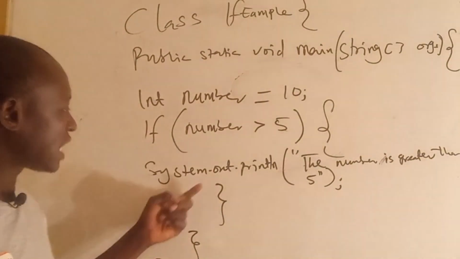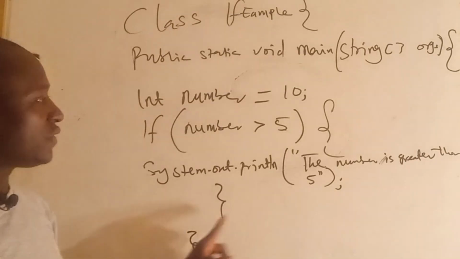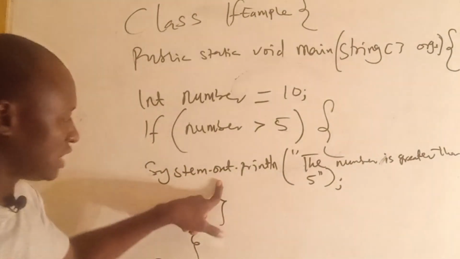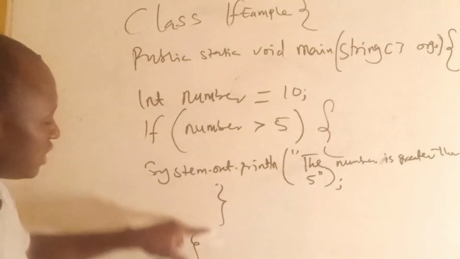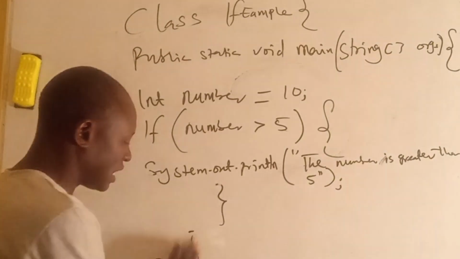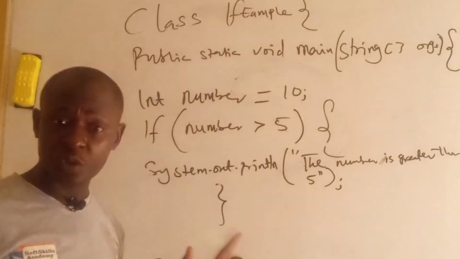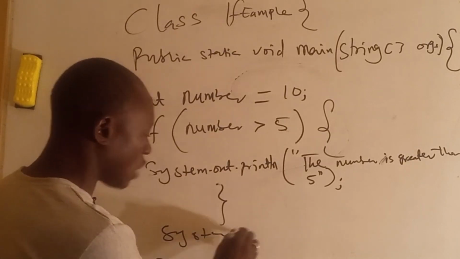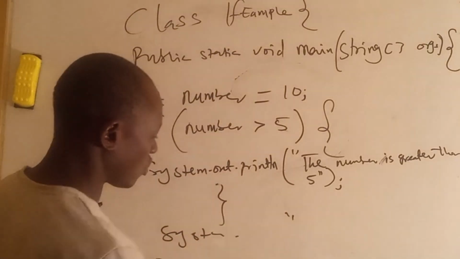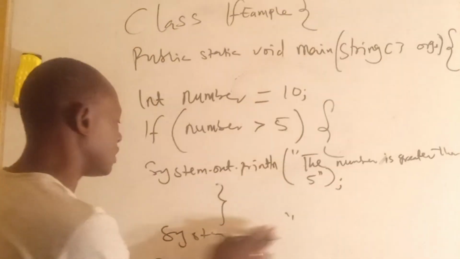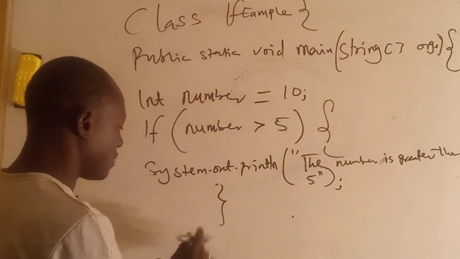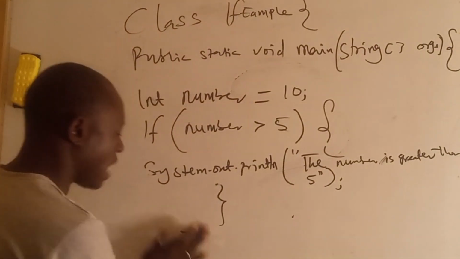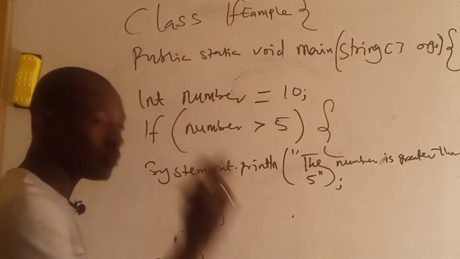You may decide to add that if this does not perform, you will not close this now, or you close this and write another statement here if you want. It's optional. If you write another System.out.print here saying end the program, it doesn't matter, it's all the same thing. But for the purpose of this example, I'm making my case here.